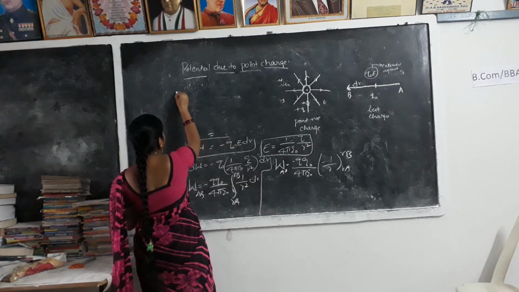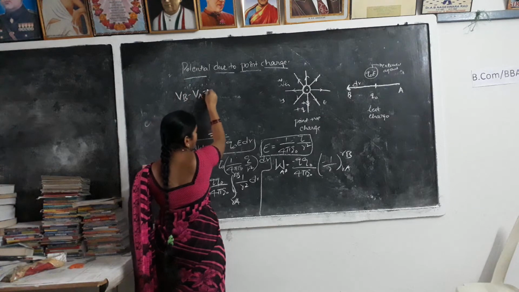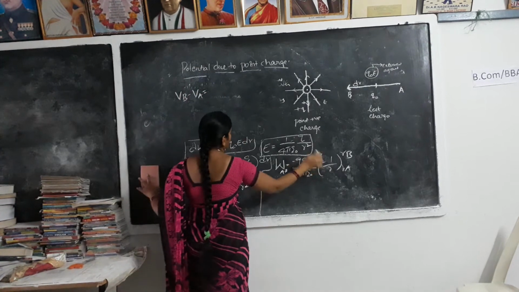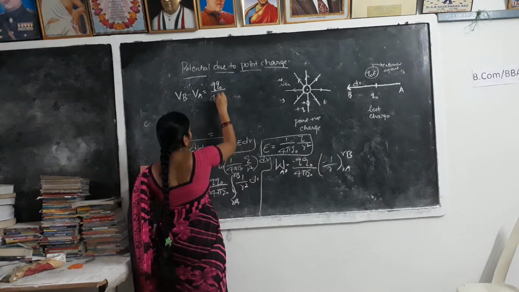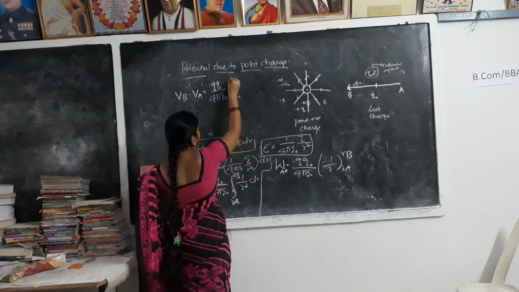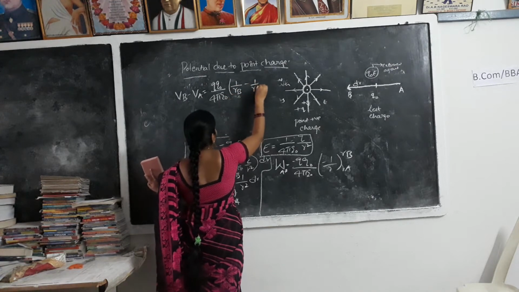It can be written as VB minus VA. So minus into minus plus Q naught Q by 4 pi epsilon into 1 by RB minus 1 by RA.